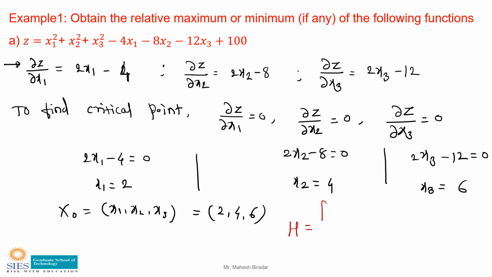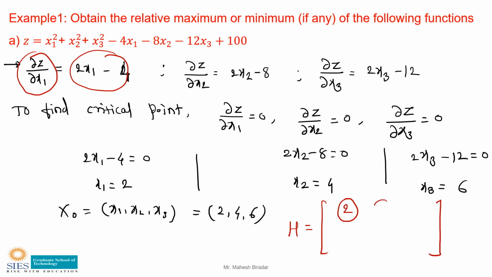The Hessian matrix is very simple. Here, for the first element, we have to differentiate dou z upon dou x1 with respect to x1 again, the double derivative. So if I differentiate 2x1 minus 4 with respect to x1 once again, you will get 2. And the same equation, if I differentiate with respect to x2, there is no element, which is 0. Third, there is no element, which is 0.